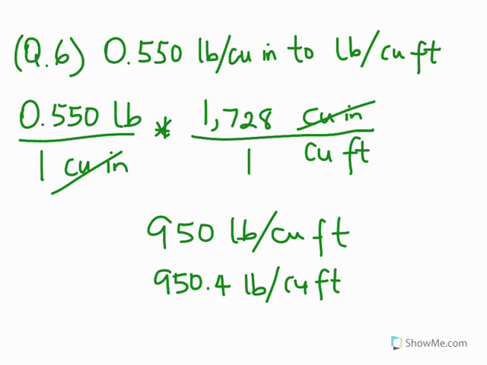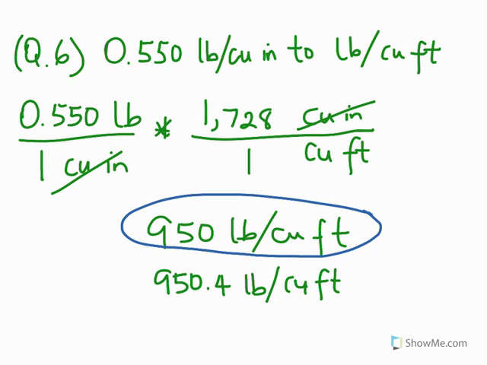So if you round, it will still give you 950 pounds per cubic feet. Whichever way, I would prefer to use 950 pounds per cubic feet. Some instructors may still give you the grade if you put 950.4 pounds per cubic feet, because this is kind of a confusing situation. But I would go with 950 pounds per cubic feet. Okay?